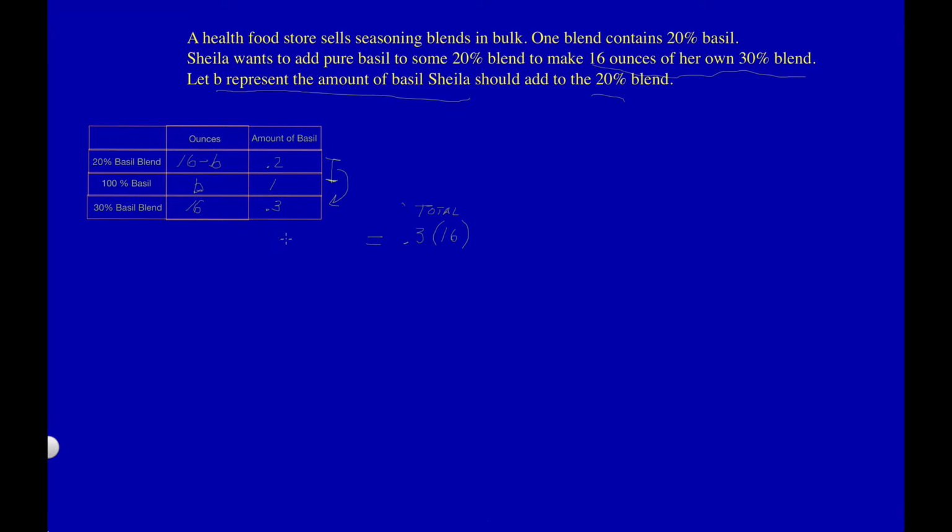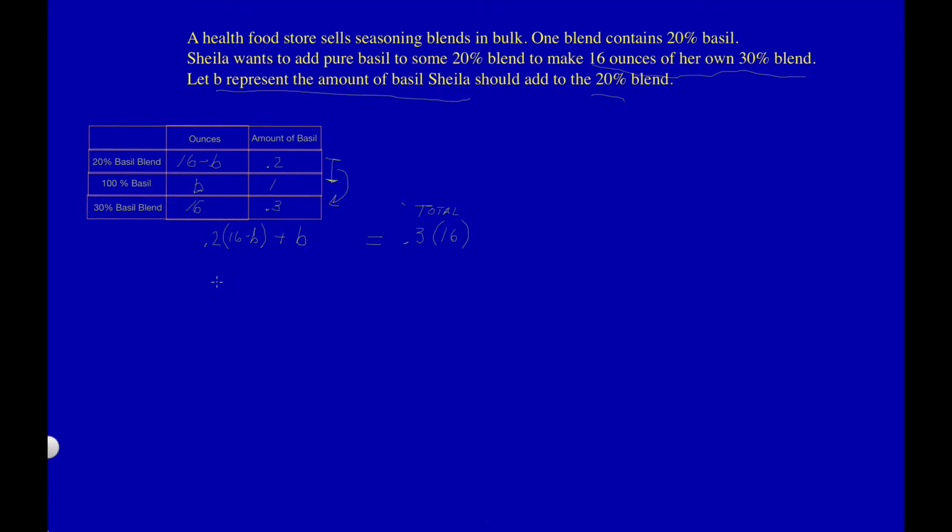On the other side, the total is equal to the sum of the parts, because Sheila is using a 20% basil blend and then adding a 100% basil blend to get to her 30% basil blend. So we add these two together: 0.2 times 16 minus B, plus B, equals 0.3 times 16.